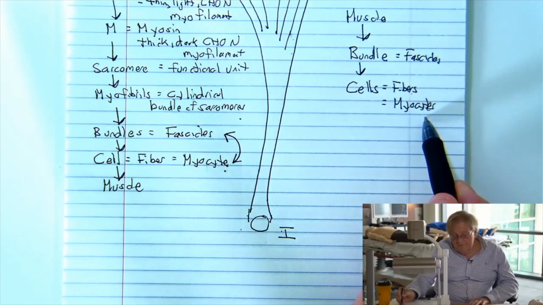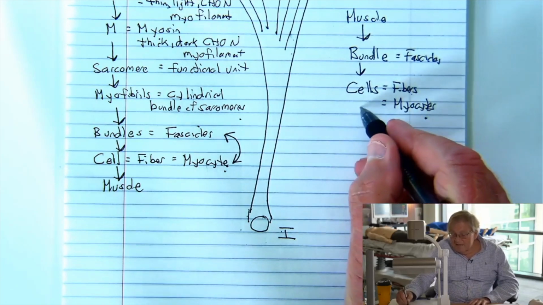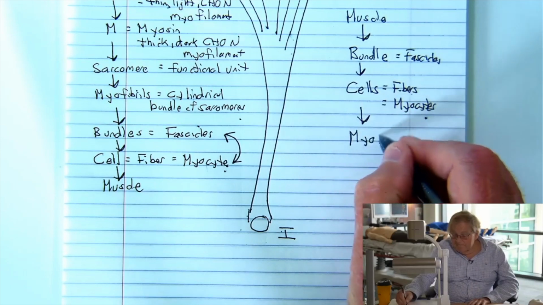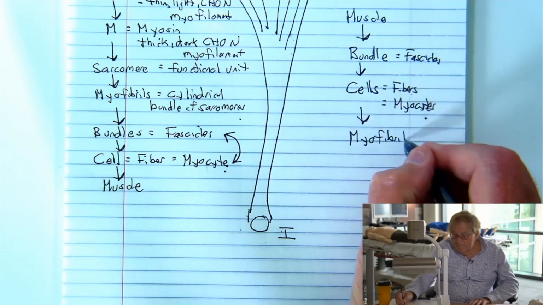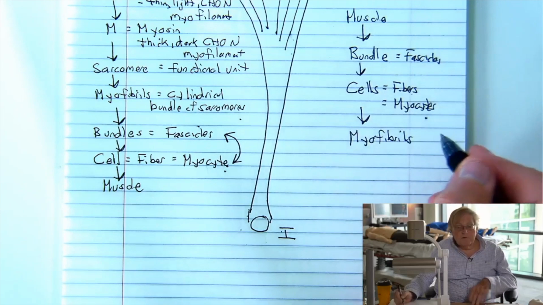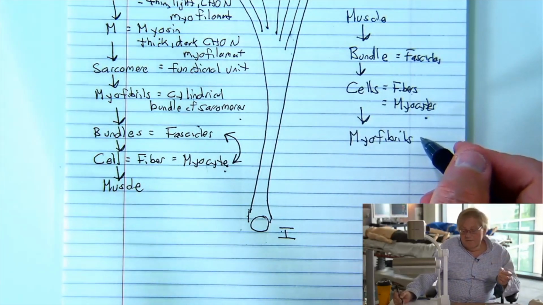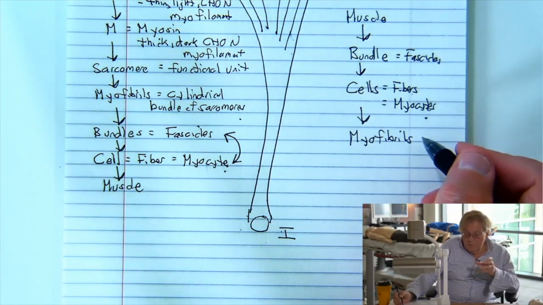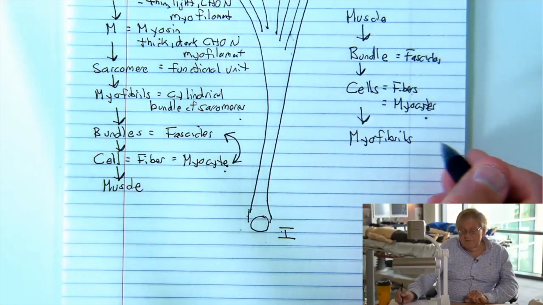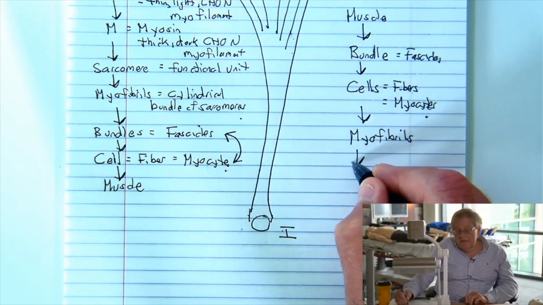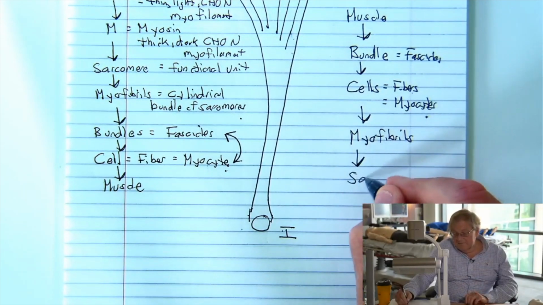And those cells, fibers, or myocytes are going to be made out of myofibrils. And myofibrils, remember, are cylindrical bundles of sarcomeres. So there's that bundle word that kind of makes you get confused here. Then myofibrils are going to be made out of sarcomeres.